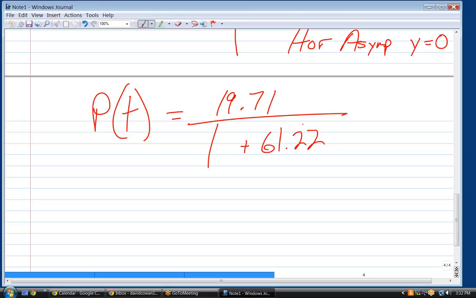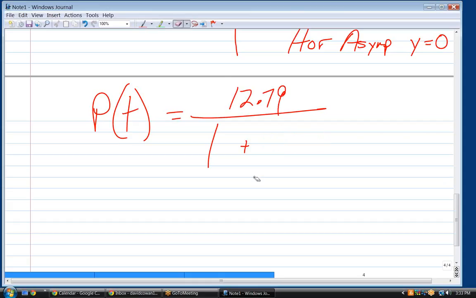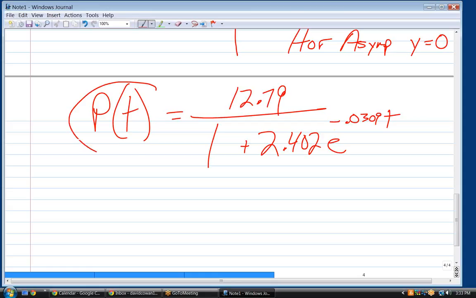Yeah, mine are 12.79 over 1 plus 2.402 e to the negative 0.0309 x? T, actually. In other words, the variable has to be t. That's what this means. We have a function of t.